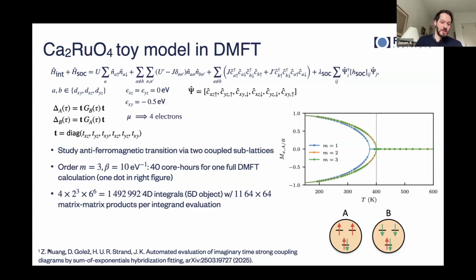In real time, you have to do on-the-fly hybridization fitting, and I would say we know less well how well this will work, though we have some ideas of what the scaling should be, and I think it's not going to be too bad. We do expect the number of poles to scale with the number of orbitals, which is not something that happens in imaginary time, so that's going to hurt a little bit.